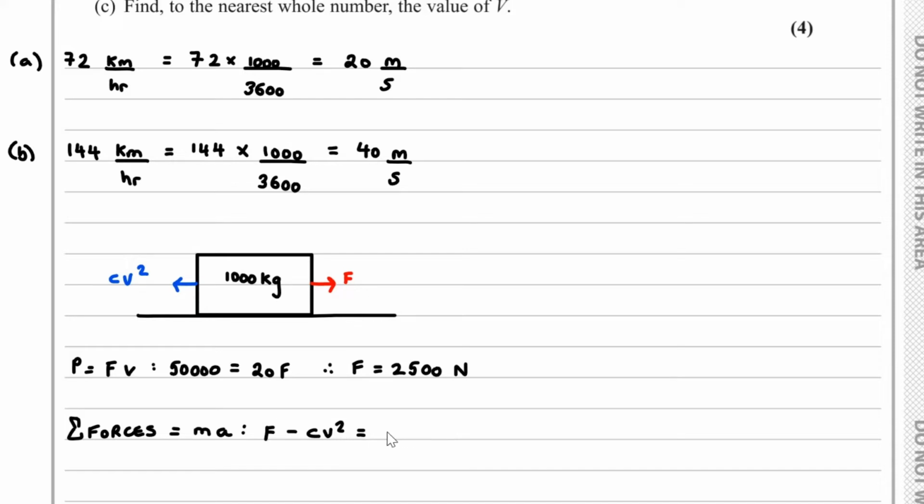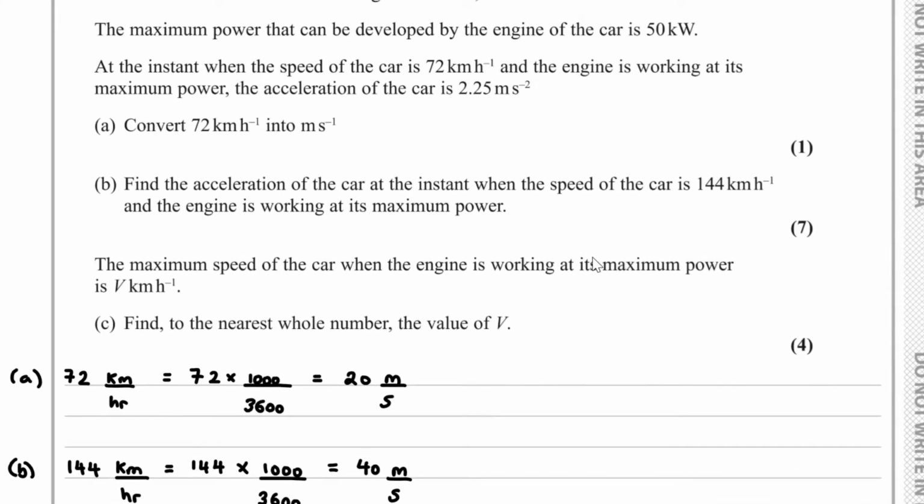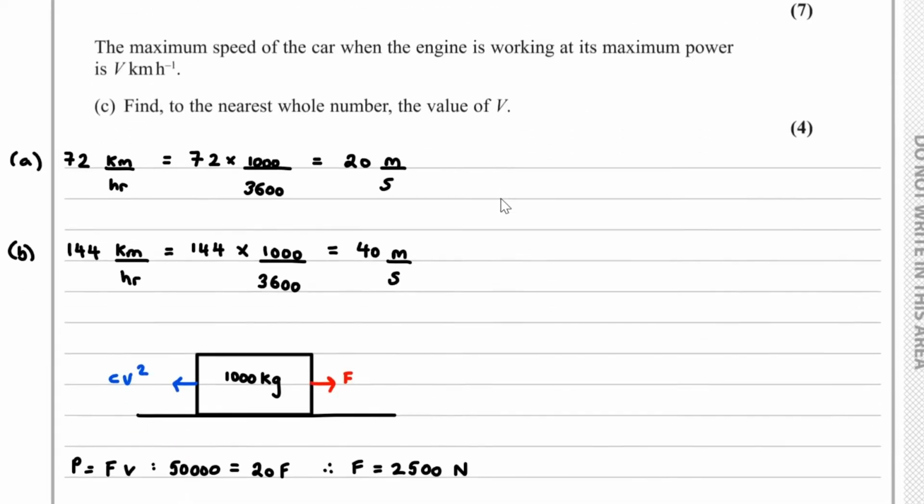This is equal to M times by A. Now, of course, over here we know from the question that at the instant when the speed of the car is 72 kilometers per hour and the engine is working at this 50 kilowatts, we know that the acceleration is 2.25 meters per second squared.